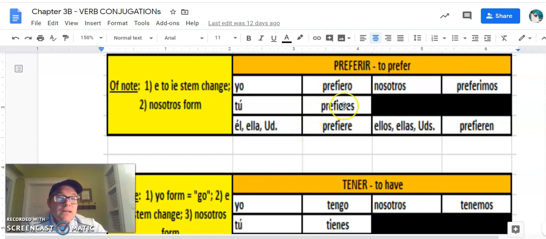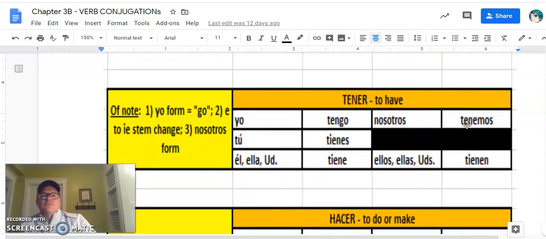Then over here on our plural side, the nosotros is preferimos. Notice, no stem change whatsoever. And then in the third person plural, prefieren. So we have a stem change in prefiero, prefieres, prefiere, and prefieren. However, in the nosotros form, we have no stem change whatsoever. Preferimos.